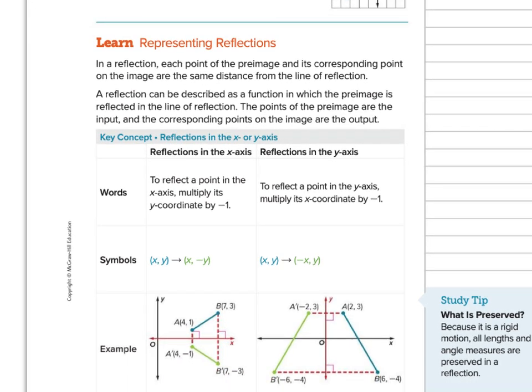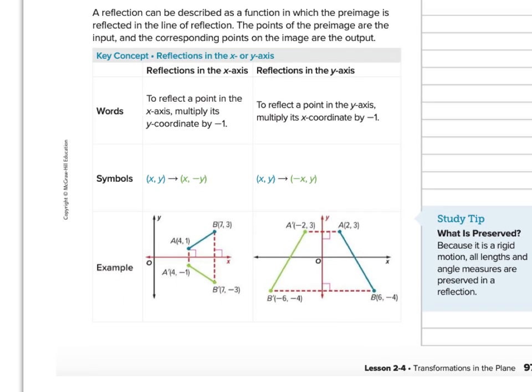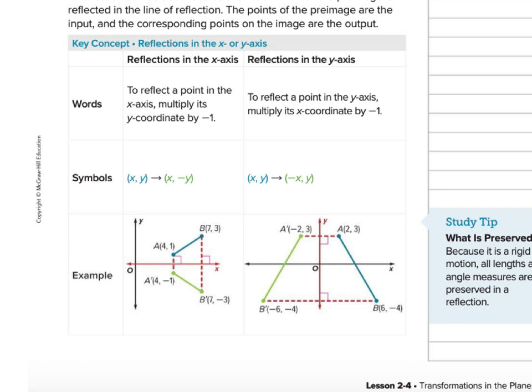Reflections. Now, we're going to cover this more in detail with reflections, but if you think about it, if I reflect over the x-axis, right here, this is my x-axis. If I reflect either upward or downward, in this case we're going downward, the x value didn't change because we just went from a positive y value to a negative y value.